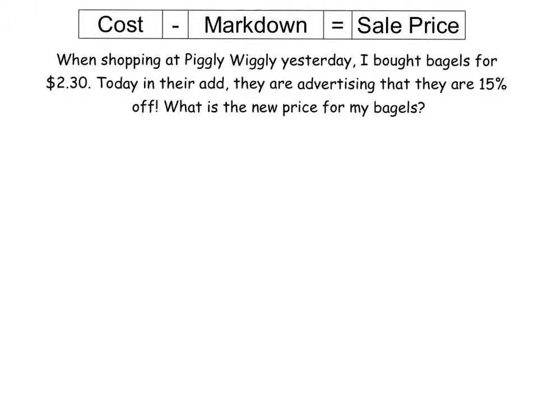So our first problem today is that when I was shopping at Piggly Wiggly yesterday, I bought bagels for $2.30. Today in their ad, they're advertising that they're 15% off. What's the new price, or the sale price for my bagels? So, I like to start with finding markdown.